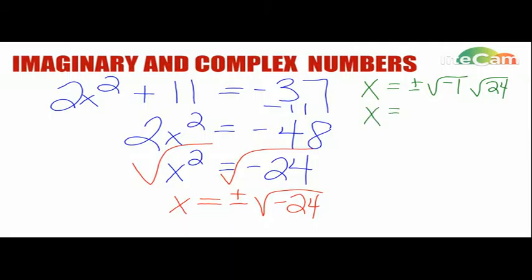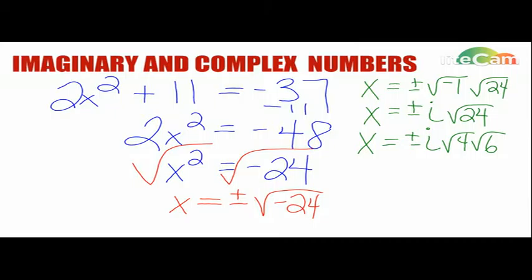All right, so I get x equal plus or minus, then the square root of negative 1 becomes an i, and I have left over 24, which I can still break down. So if I break it down, I will have the square root of 4 and the square root of 6. Because only one of those numbers square roots, the other one's going to have to stay in the square root sign, or what we call the radical sign.